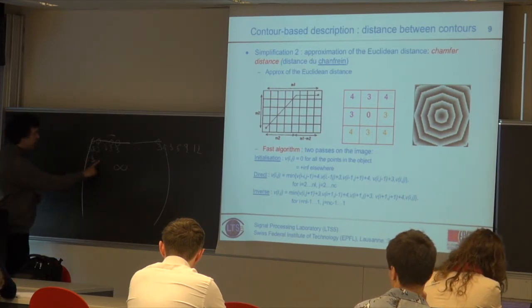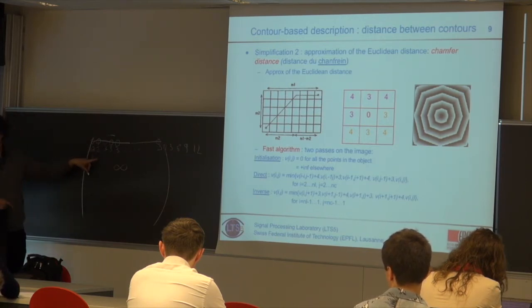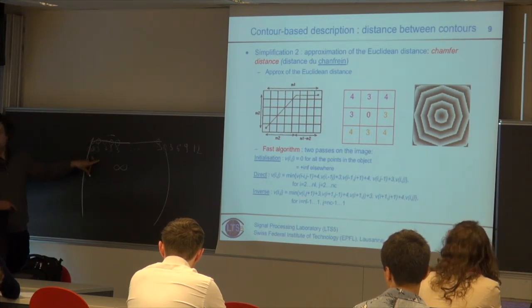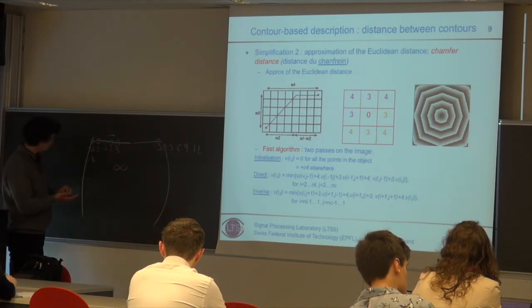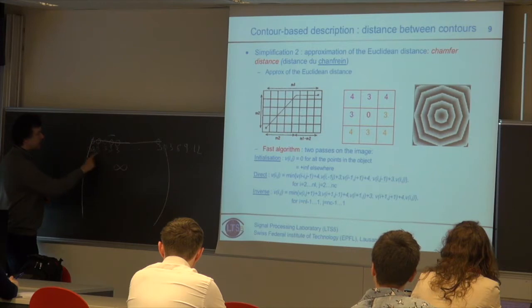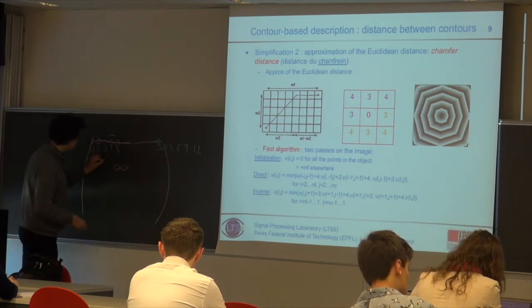This one could be 6, or it could also come in diagonal, 6 or 7. Correct? Yes? 6 or 7, it's 6. This one can be 9, 6, or 7, so it's 6 because of that.